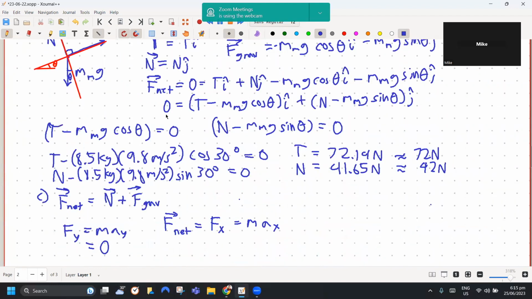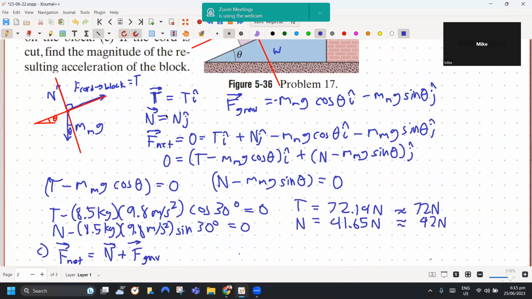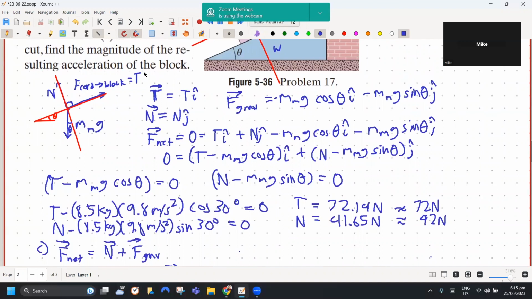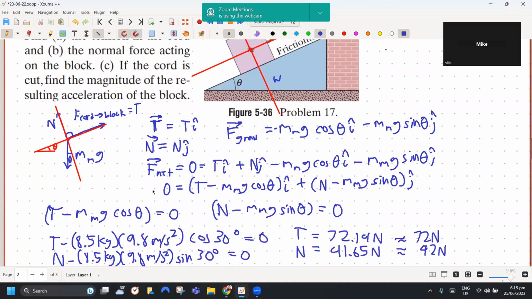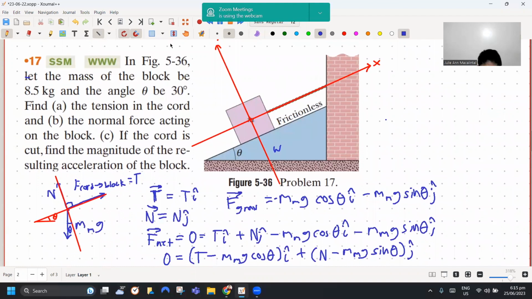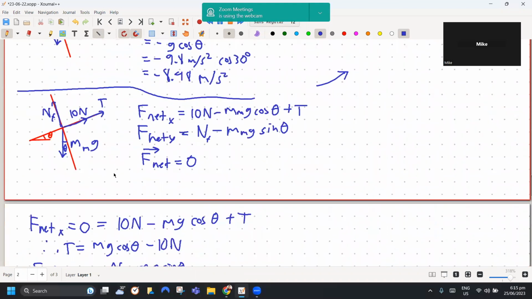So, yung nag-a-apply dyan yung computation for parts A and B. And yung part C. F is greater than 72.1. So, F applied is less than 72.1.